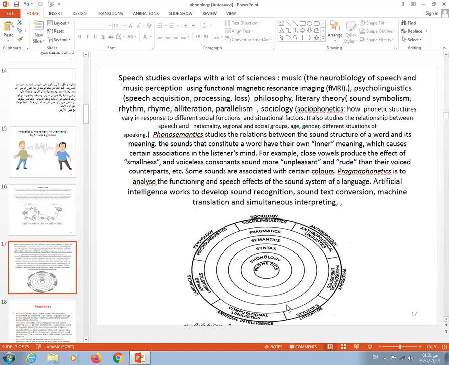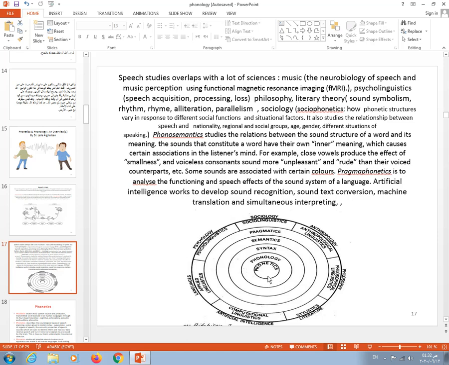Also, we have phonetics and phonology related to applied linguistics, basically language teaching, because many books have been developed using phonetic transcription.